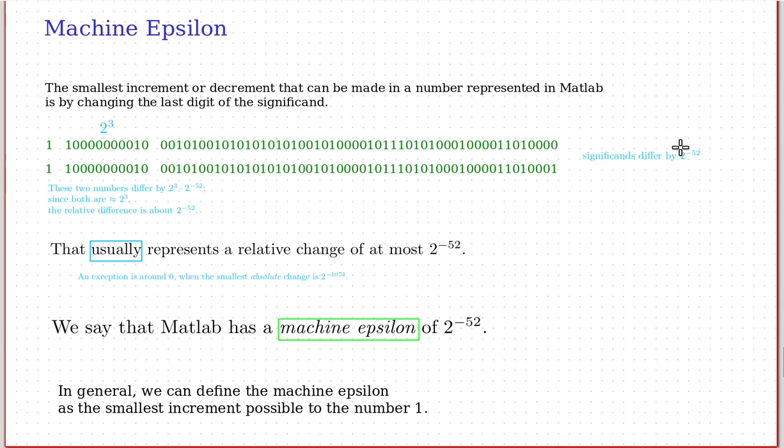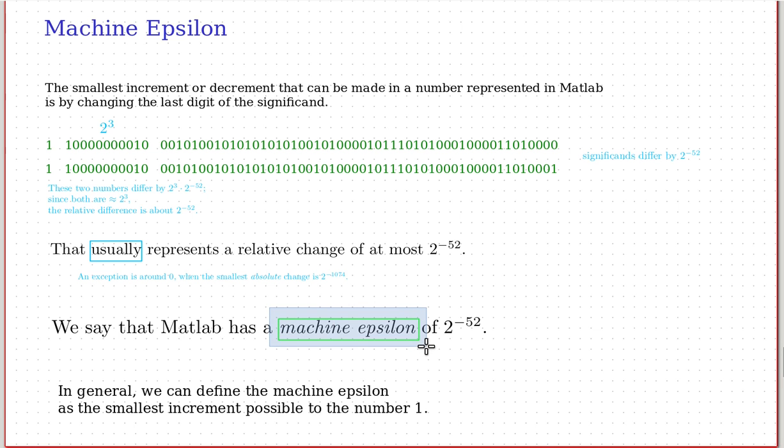So you could say that this number, 2 to the negative 52, is an important quantity in describing limitations of MATLAB's representation of numbers: you cannot increment by a relative amount smaller than 2 to the negative 52, because this is the smallest change you can make in two numbers. This is called the machine epsilon.